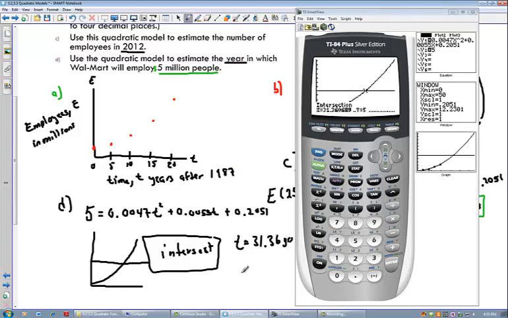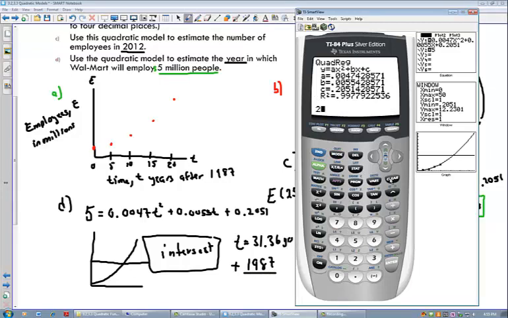Estimate the year. And so I'll add, if you go back up to the top, it started in 1987. So 1987, and we'll add then, so second, quit, clear, we'll simply add 1987 to that 31.36. If you just hit plus, it actually pulls down the answer you had before.